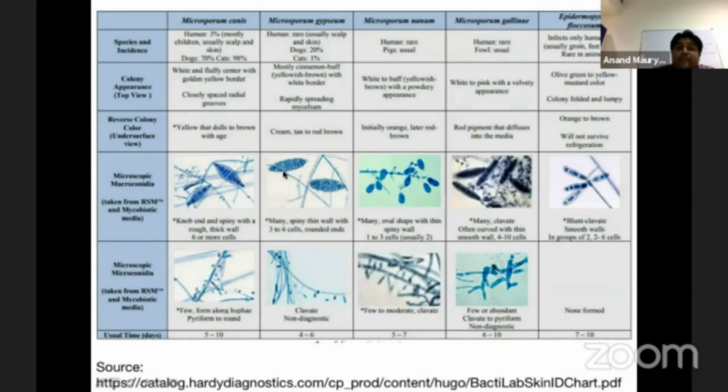In the case of gypseum, you will see spiny and thin walls with 3 to 6 rounded cells. In the case of nanum, there are many oval-shaped cells, thick and spiny. So these are the presentations of the dermatophytes. These are some of the very identical ones. On the basis of the morphological characters, you can easily identify the dermatophyte under the microscope.